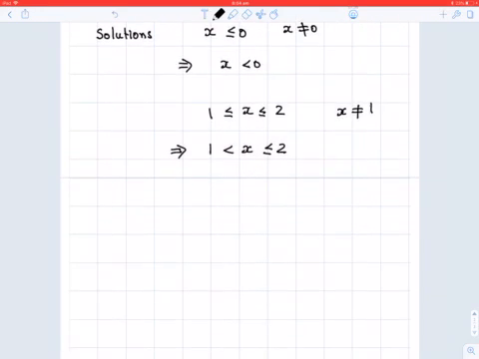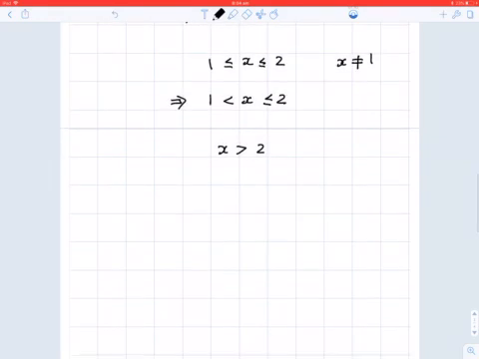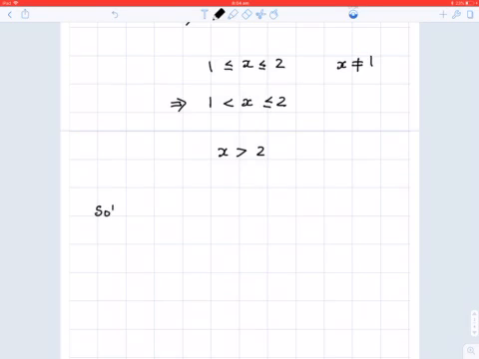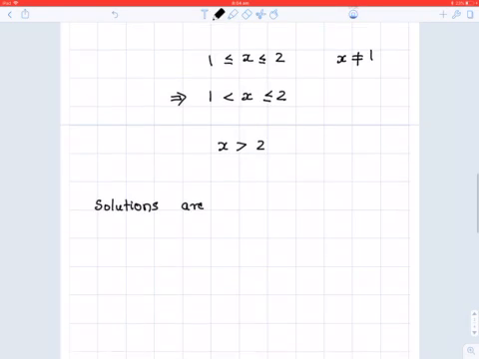At 2, it's all right, and after 2 also fine. The third region is y more than or equal to 0 when x is more than 2.